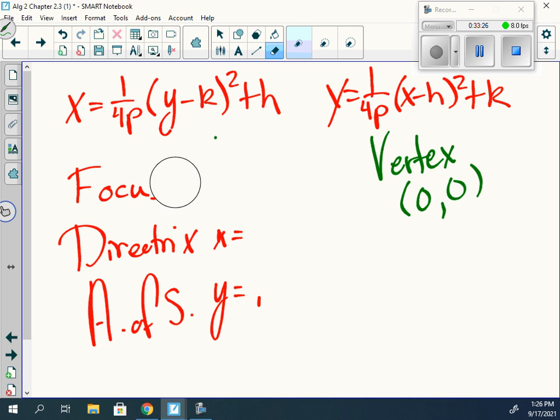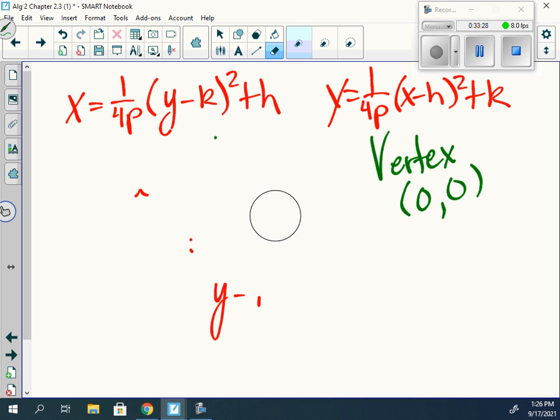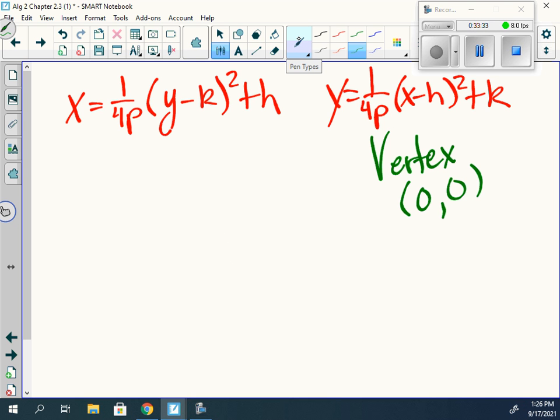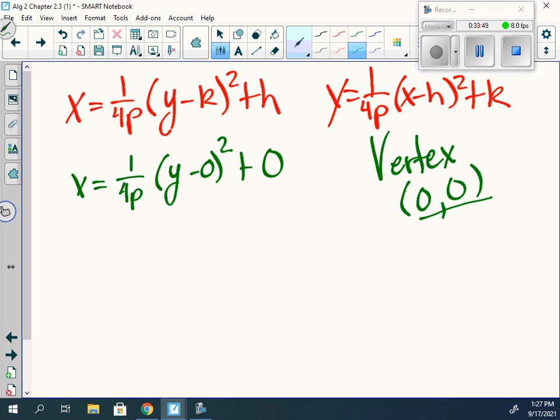Now, the other interesting thing, or at least I find it interesting, is that this equation here is the exact same as x is equal to 1 over 4p y squared. As we said again, h and k are 0, because that's the vertex. So here it would just be x equals 1 over 4p times y minus 0 squared plus 0. Well, what is y minus 0?